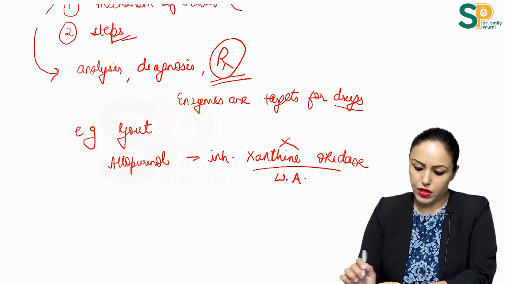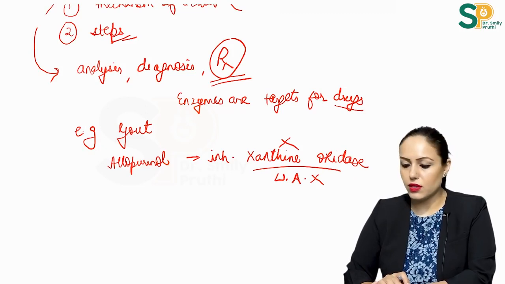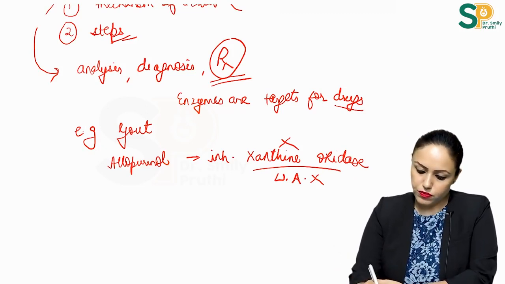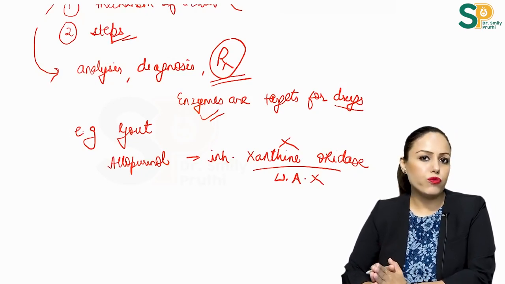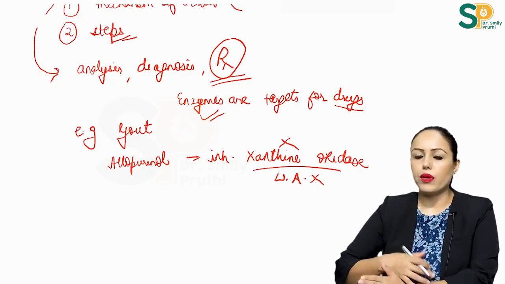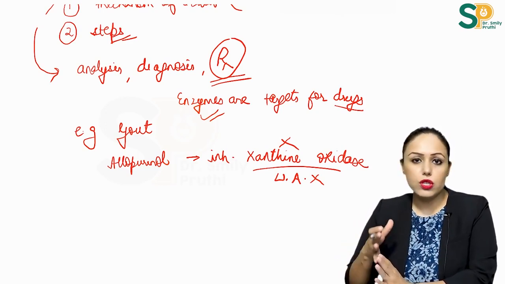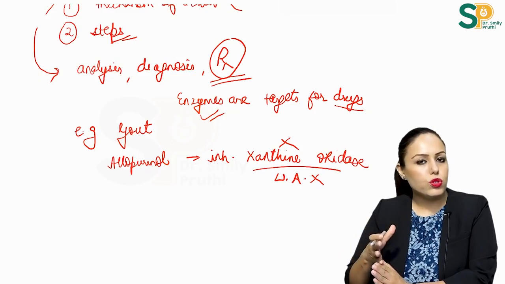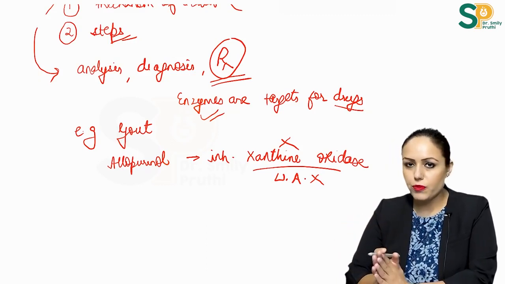So the drug is inhibiting xanthine oxidase, so inhibiting the formation of uric acid in the body. So therefore enzymes are target for most of the drugs, and studying this topic will give you a very good view for the pharmacology, right? So do this topic along with the related topic in pharmacology, right?